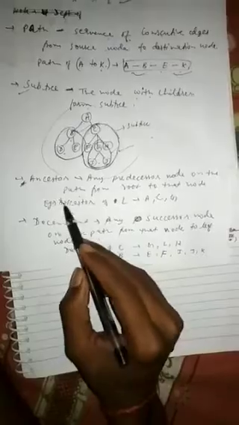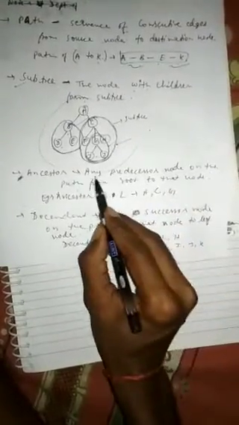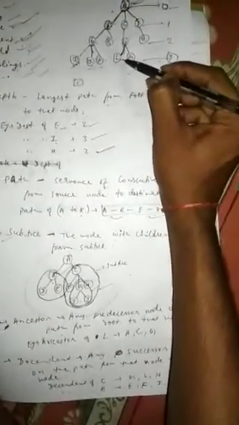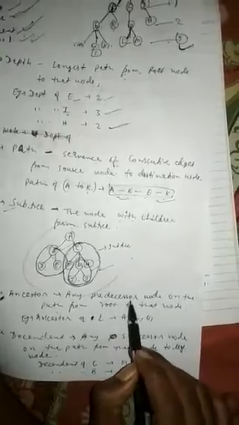Okay, so the ancestor of L. Here we see any predecessor. It means I take an example quickly. When we take L, what is the predecessor?